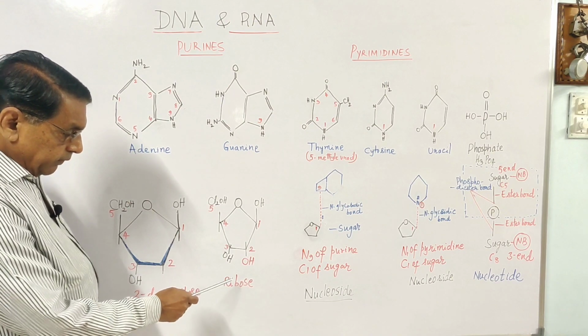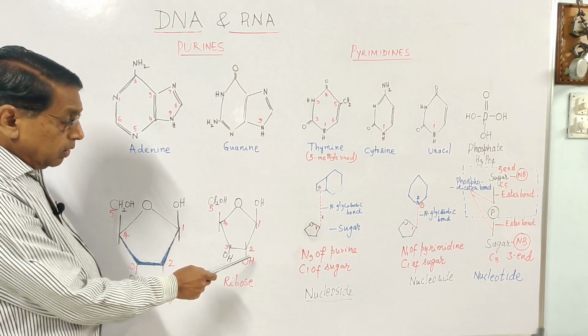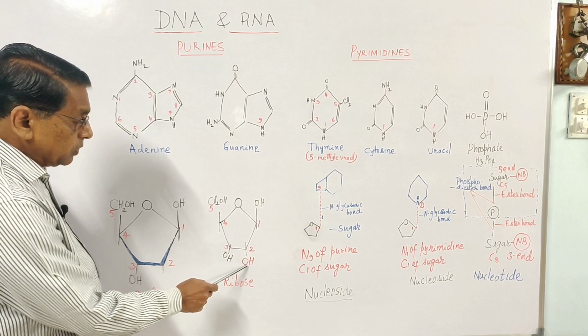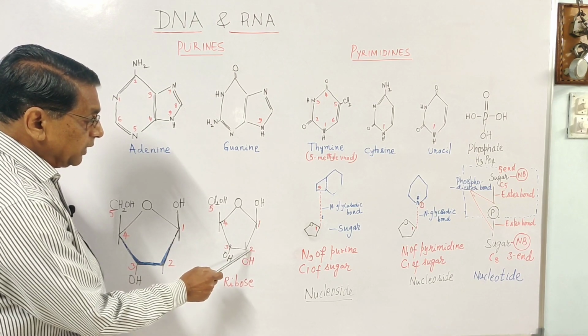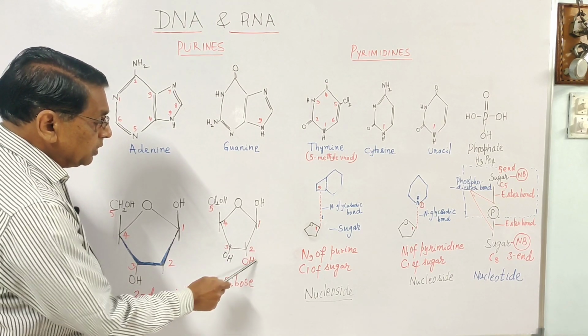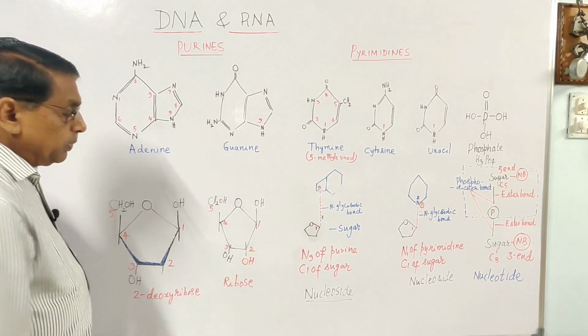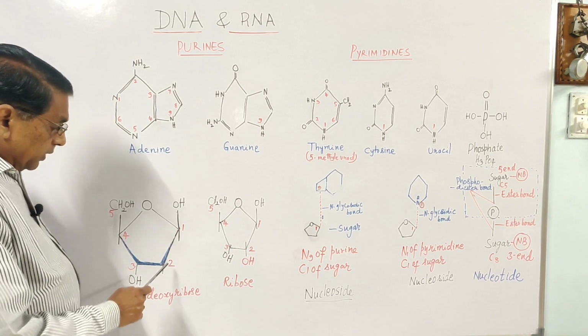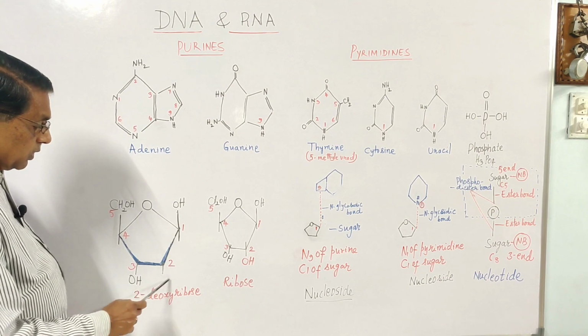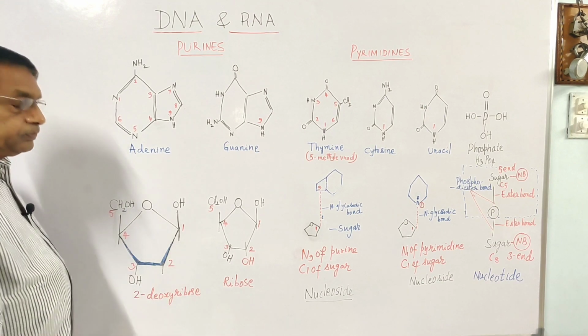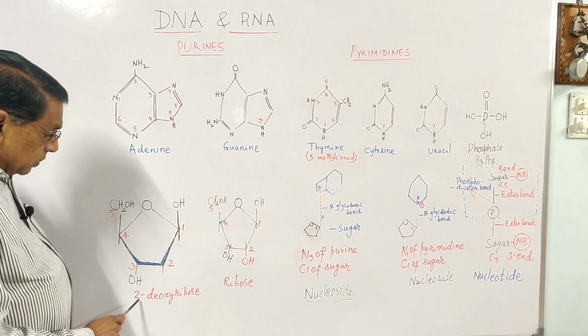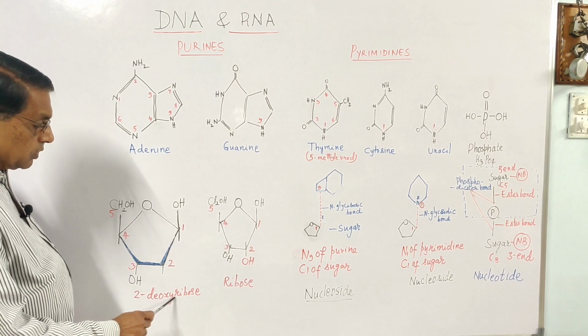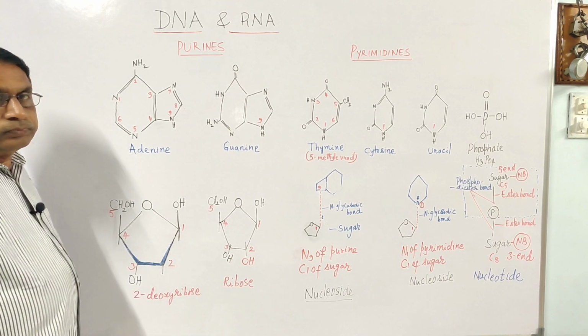And look at the difference between the ribose and deoxyribose. In ribose, there is a hydroxyl group at the second position. But in deoxyribose sugar, there is no hydroxyl. Therefore, it is known as 2-deoxyribose.